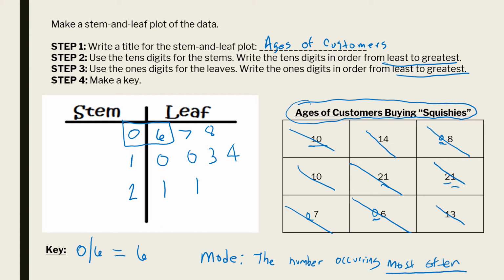So in my data over here, what number do you see most often? I see this number right here, which is the number 10. And I also see this number right here, which is the number 21. So in this case, my mode is 10 and 21. It happens most often. Okay?